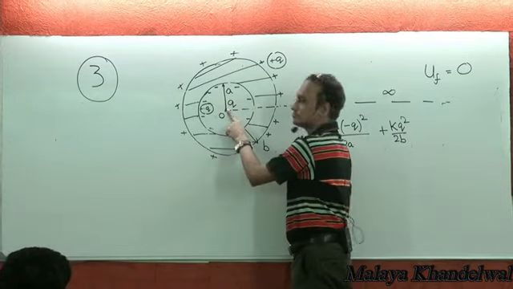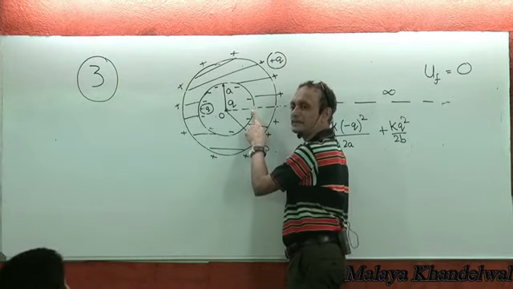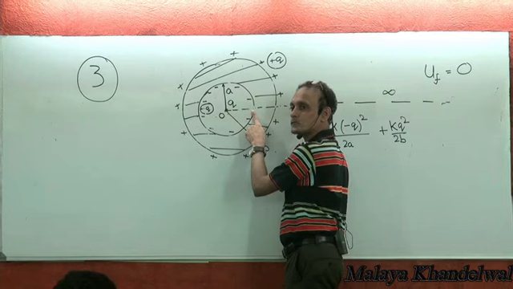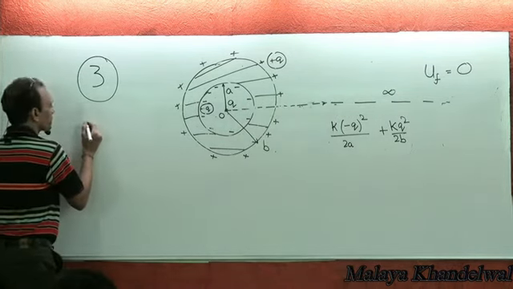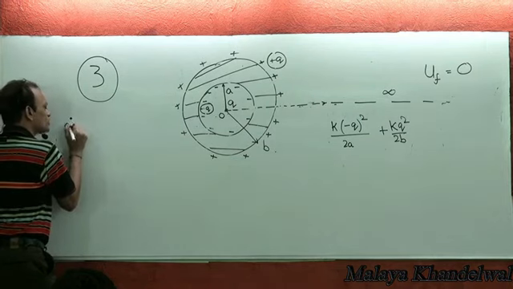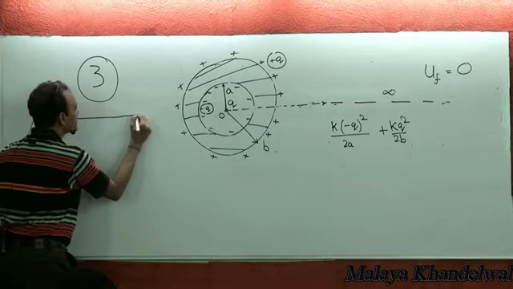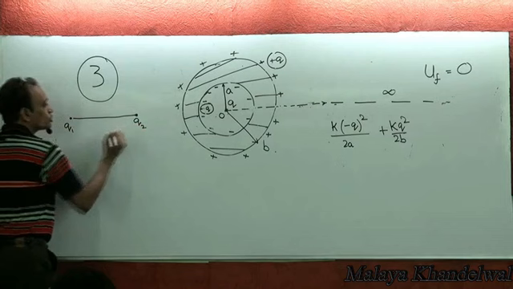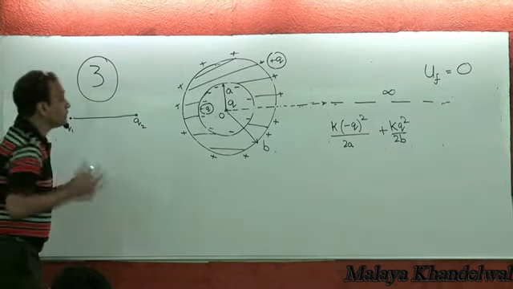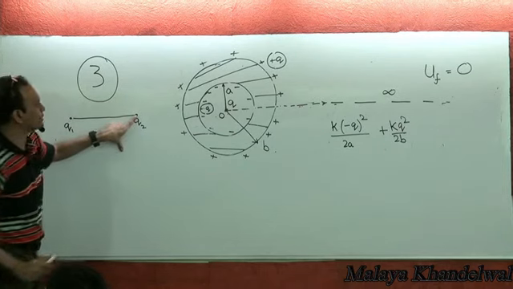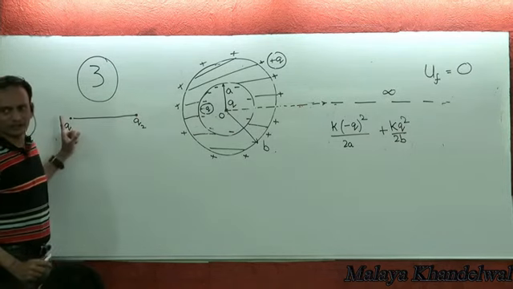This charge Q and this charge minus Q will have an interaction energy. How do you calculate the interaction energy? By the way, suppose there were two charges, just to revisit that, and I wanted to calculate the interaction energy of the two charges. All that I did was compute the potential at one of them because of the other one.